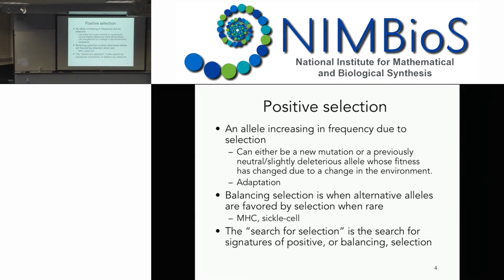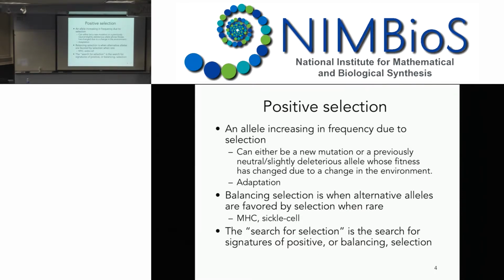So positive selection, an allele is increasing in frequency due to selection. It can either be a new mutation or a previous mutation that was neutral or even slightly deleterious, whose fitness has now changed as the environment has changed. We would call these things adaptive changes. I have a mutation that is now favored, and it's increasing in the population.